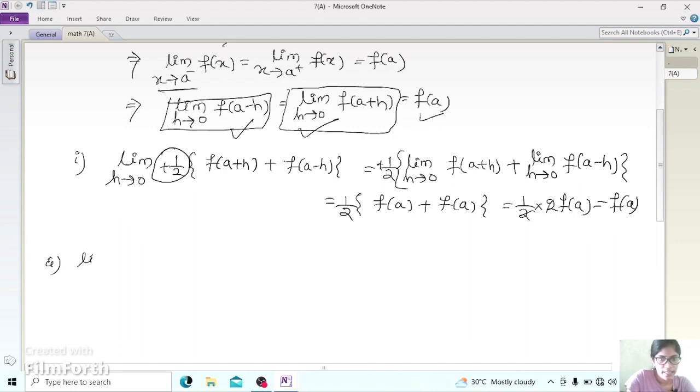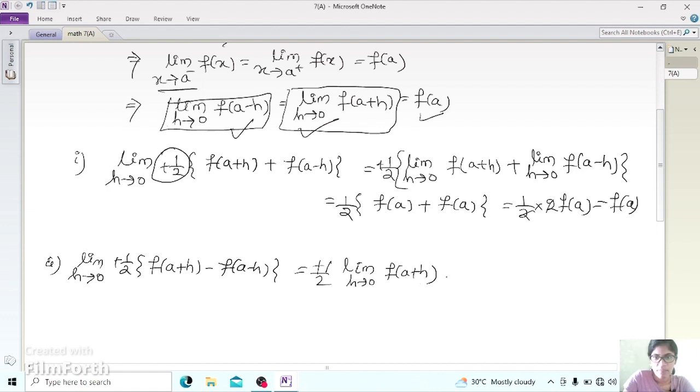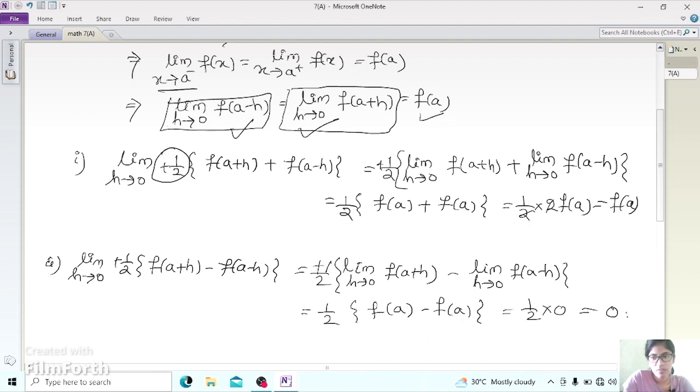Second I question, limit h tends to 0 plus half into f of a plus h minus f of a minus h, which is equal to, taking plus half outside, limit h tends to 0 f of a plus h minus limit h tends to 0 f of a minus h. Okay, plus half into, here value equal to f of a minus f of a is equal to half into 0, which is equal to 0.